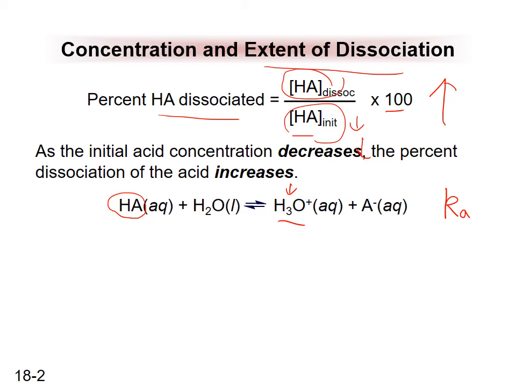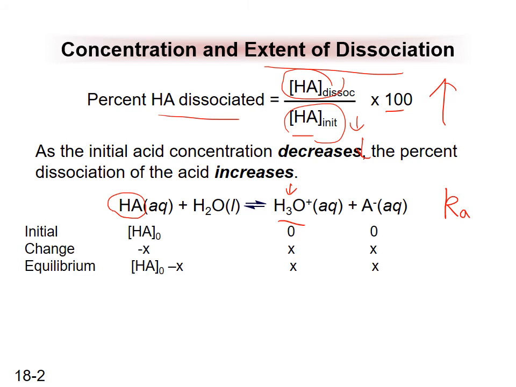percentage of acid dissociated. To confirm that, we can draw a reaction table, and this is the initial concentration of the acid, and this is the change. And in fact, the change of the acid is the acid dissociated.